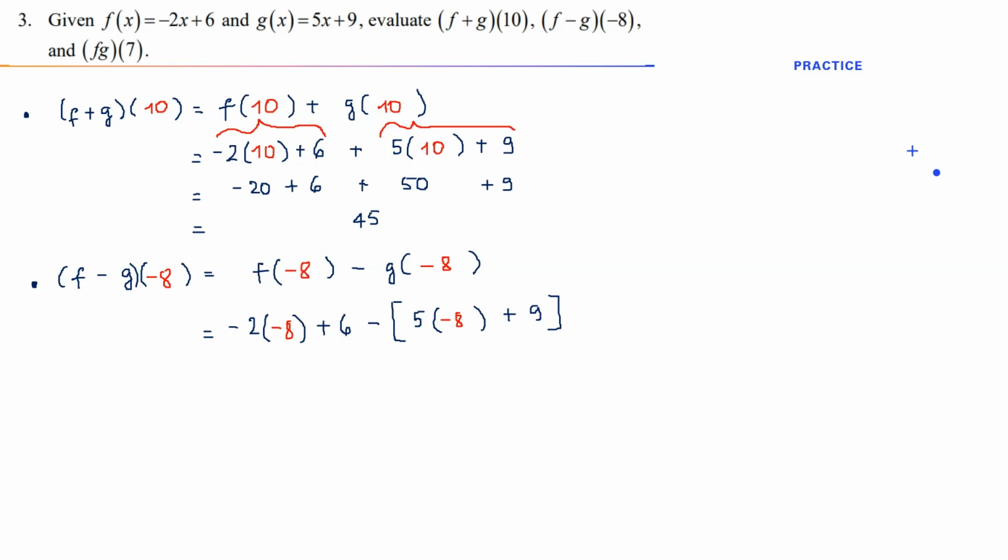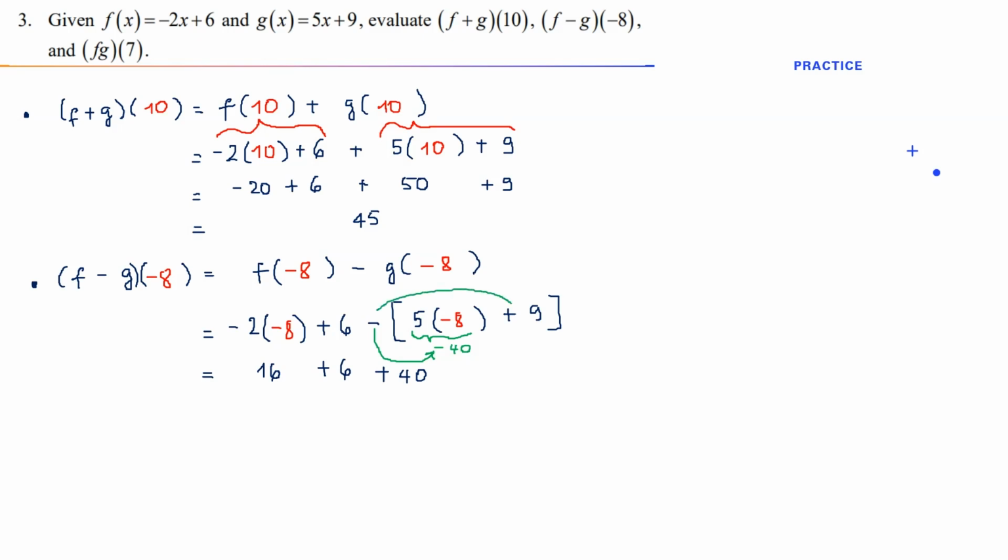Now we evaluate this one. That will be 16 plus 6. 5 times -8 is -40. Now we distribute that negative in front, inside. That will become positive 40. Then we distribute that negative with the positive 9.